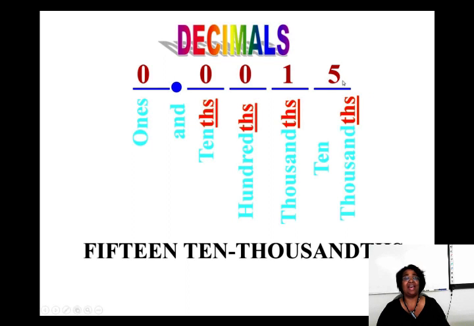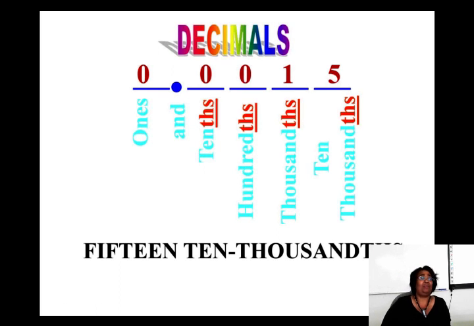I know the last digit has to be in the 10,000ths place. So I would have put the 5 here, the 1 here, and then I know I have to fill in zeros. Now, I have a 0 in the ones place just to show that this really is a decimal.